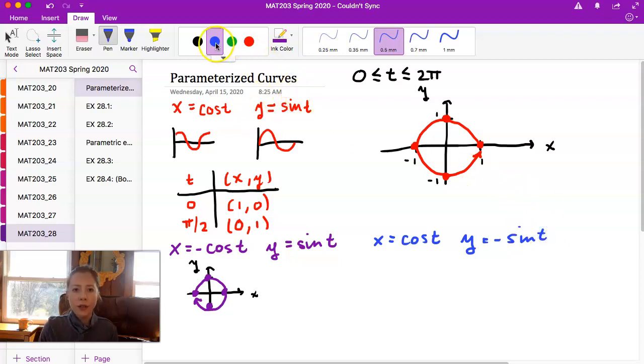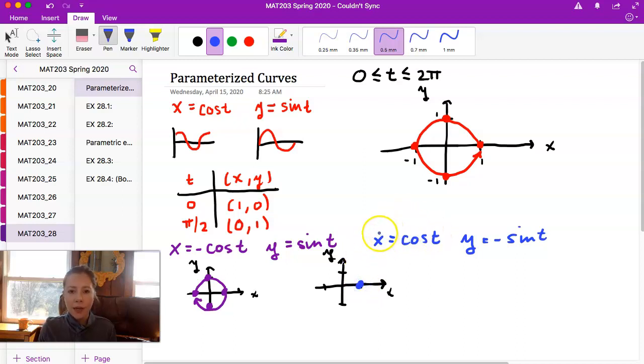If we were to sketch this one out, we're going to be starting once again at 1, 0.